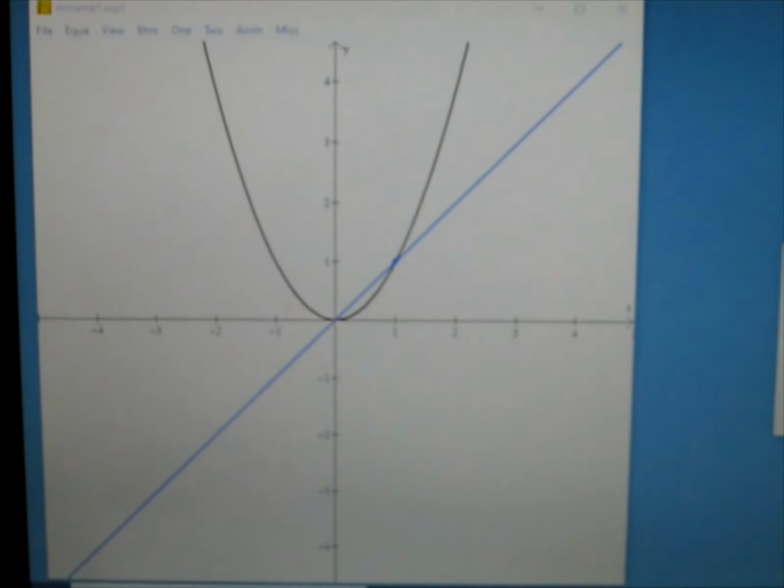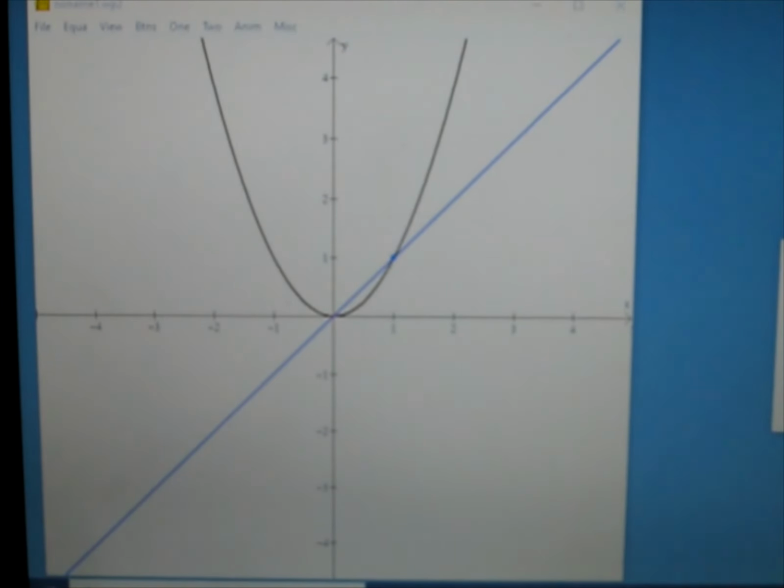So I don't know how clear this is going to be. I am just taking a video of my laptop. The capture program on my laptop wasn't working with this program, so I just figured I'd do this. Here is the secant line for the time interval 0 to 1.